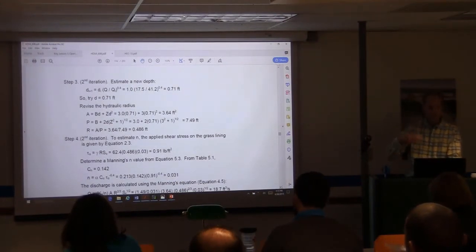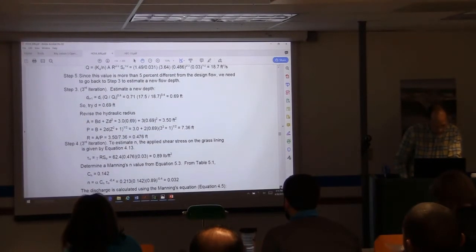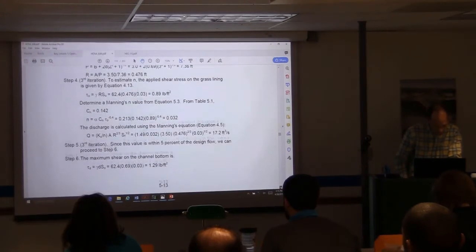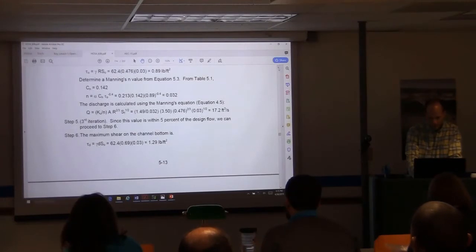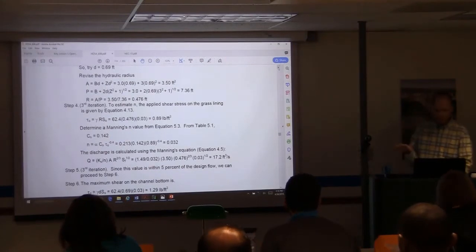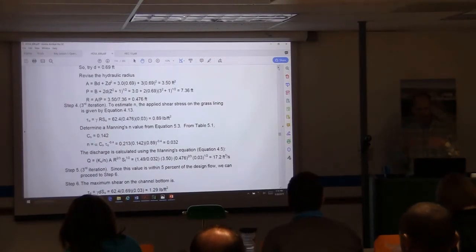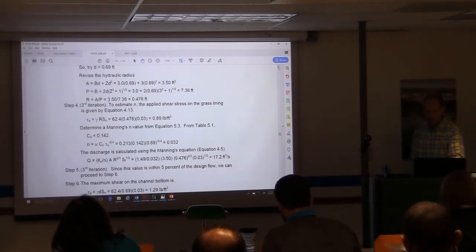You can see where this could take a few iterations until finally, after the third iteration, we guess it right. We calculated our flow rate from Manning's equation, and our guess comes within 5% of the actual, and we say we're good to go.